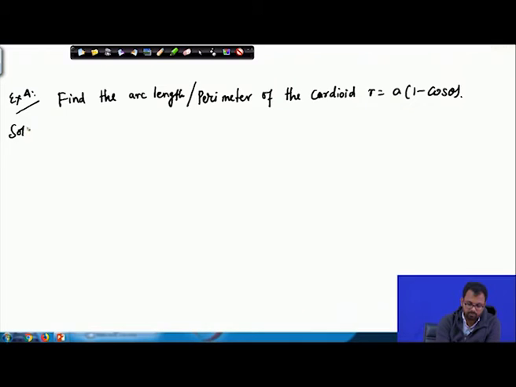So, the solution. How to draw the cardioid is a different issue and a different topic to be studied. I recommend reading some books where they have addressed how you can draw a curve. Now, the cardioid will look something like this. This is our A, that is 0.